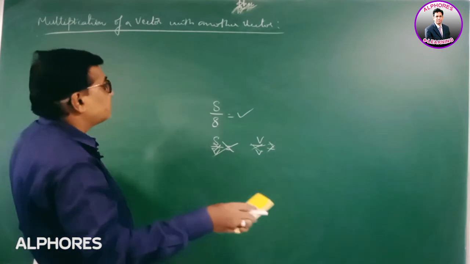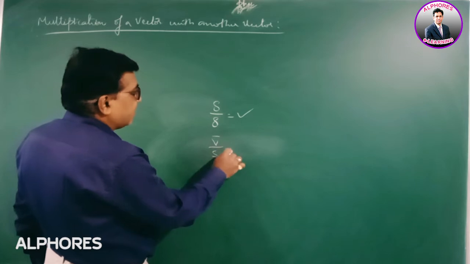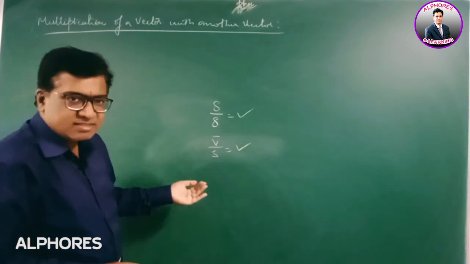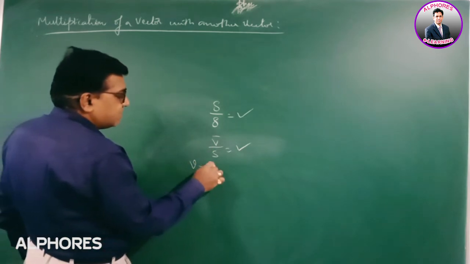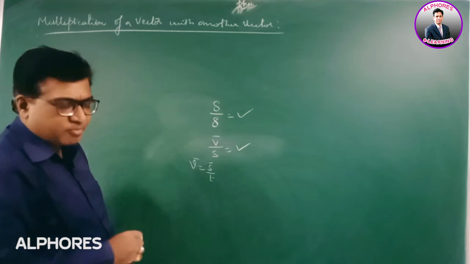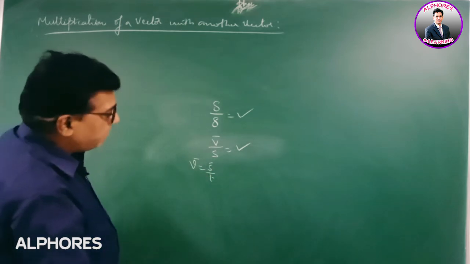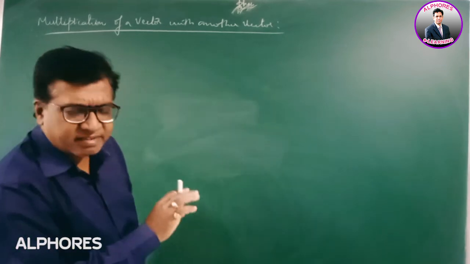But vector by scalar is possible. Vector by scalar is a valid operation. Force by charge, force by mass, displacement by time. Velocity is equal to displacement by time. It's a valid operation. Vector by scalar is a vector. You can divide a vector by a scalar, but you can never divide a scalar by a vector. You cannot divide anything by a vector.